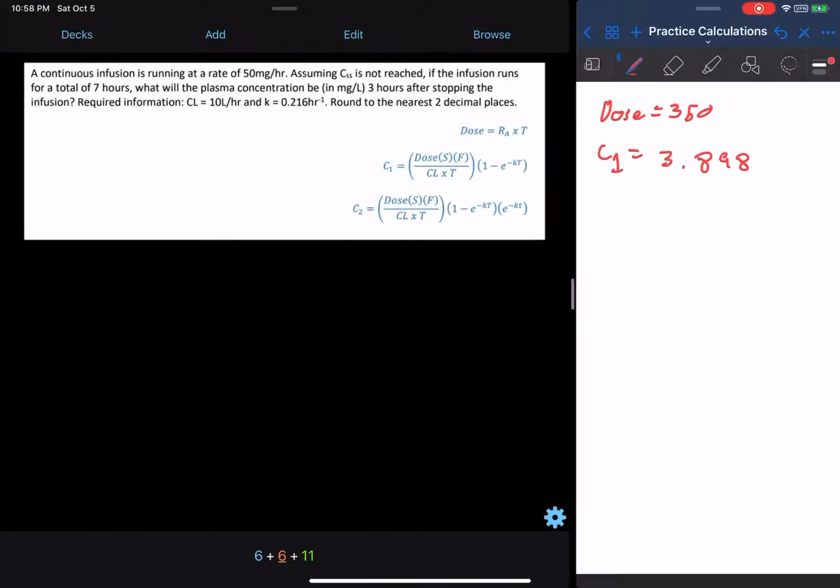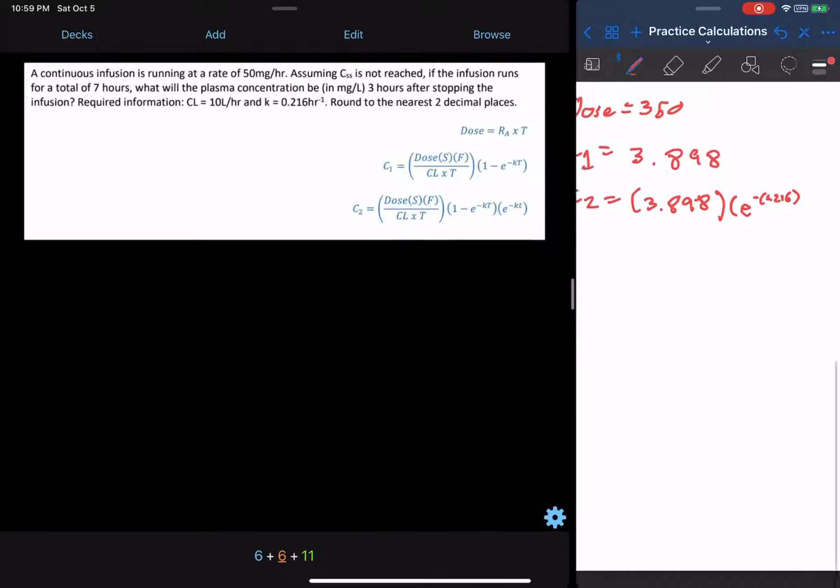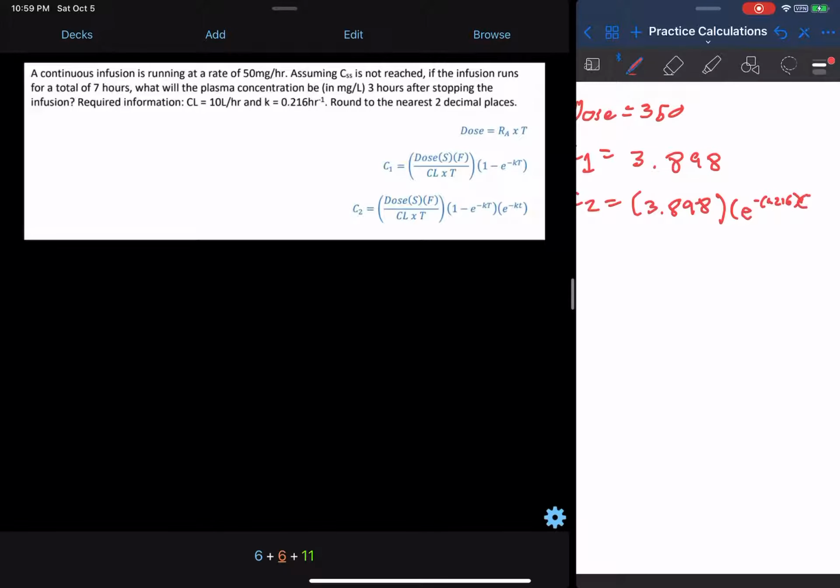And then for C2, it's about the same information, but we're going to be multiplying 3.898 by e to the negative 0.216 multiplied by time.